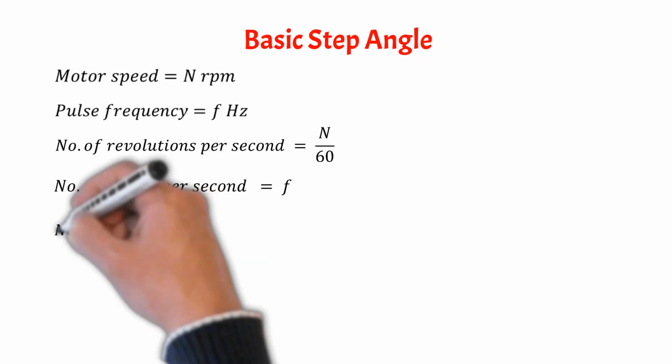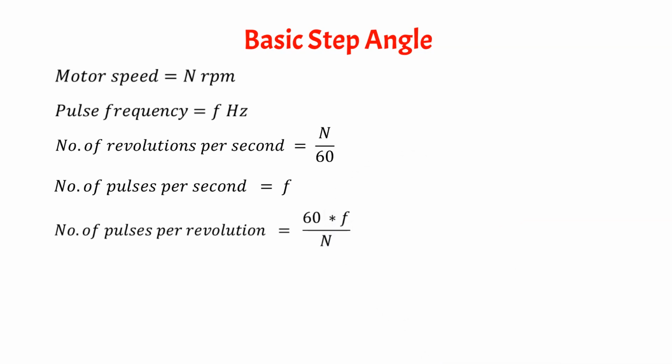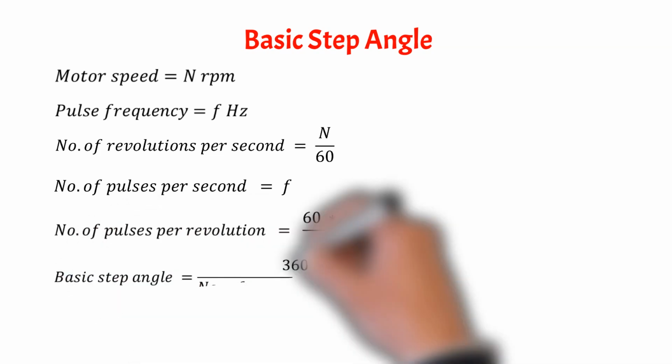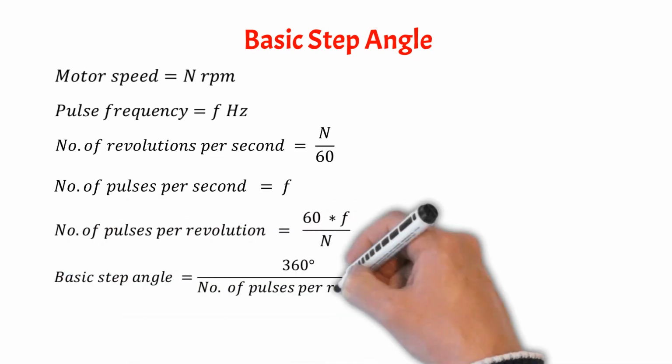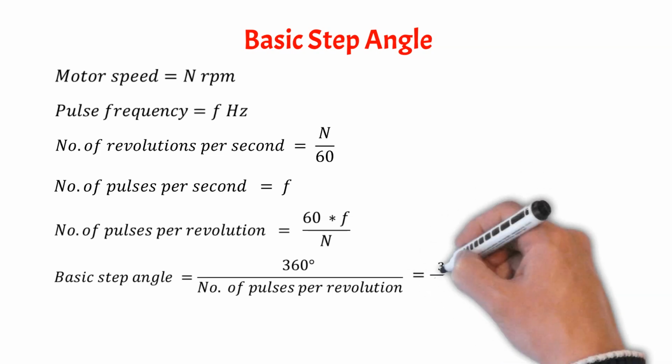Therefore, the number of pulses per revolution is 60 into f divided by n. So by definition of basic step angle, we know that it is the angle rotated when one pulse is applied. So we can come up with another equation for the basic step angle as shown here.